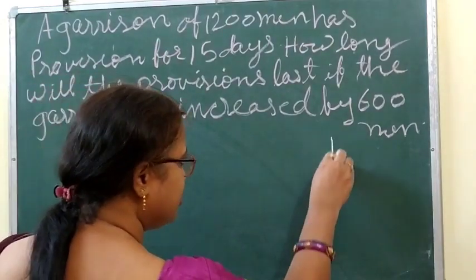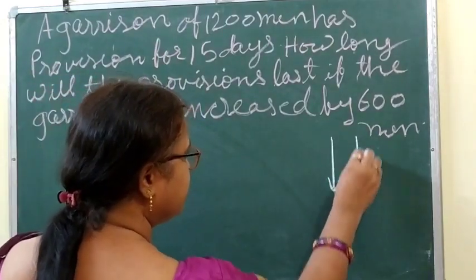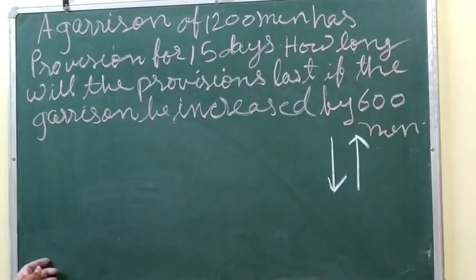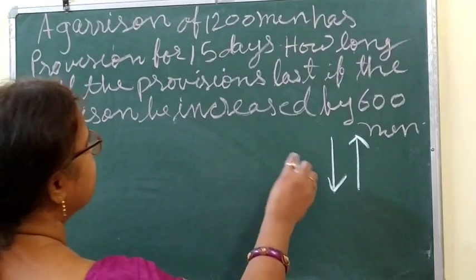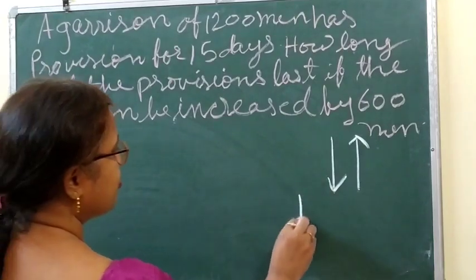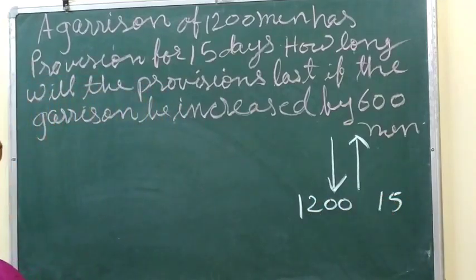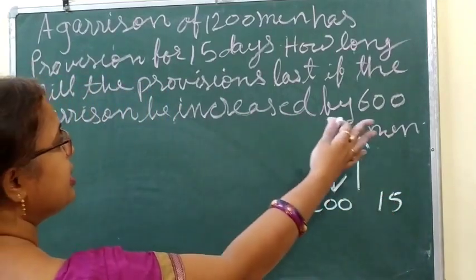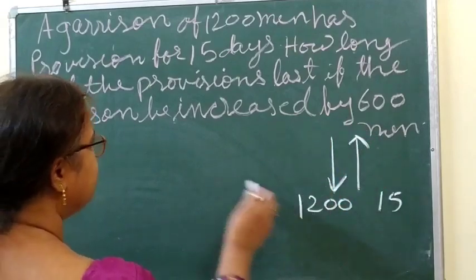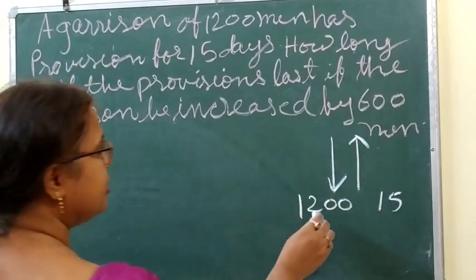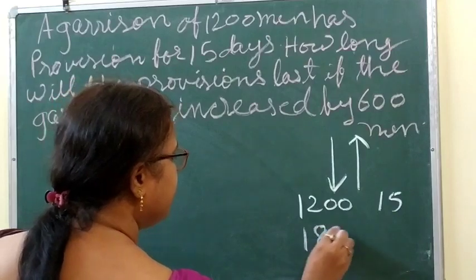So now let's solve it. Inverse variation means what? One is like this, and the other will be like this. Clear? So for 1200 men, the provision lasts for 15 days. And this is increased by 600, it will be 1200 plus 600, which will be 1800.